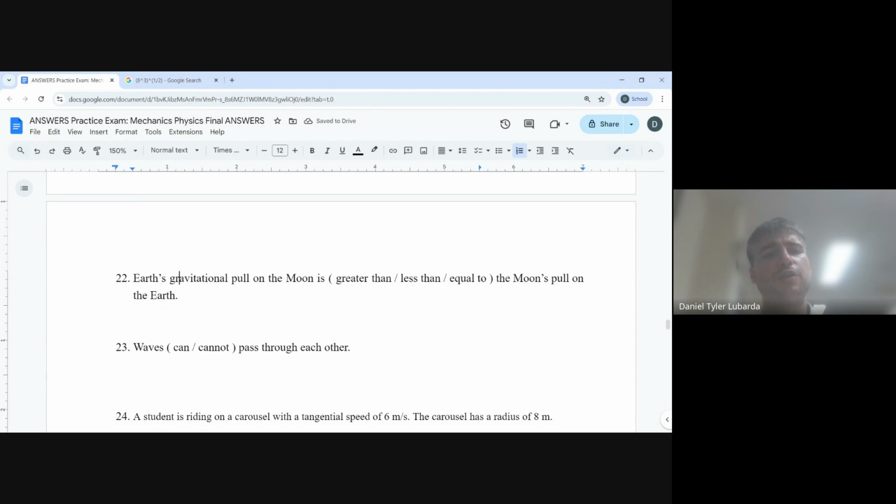Okay, number 22. Earth's gravitational pull on the moon is greater than, less than, or equal to the moon's pull on the Earth. Now, there are a couple of different ways of looking at this.